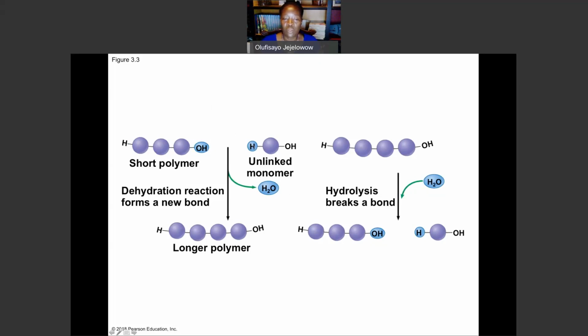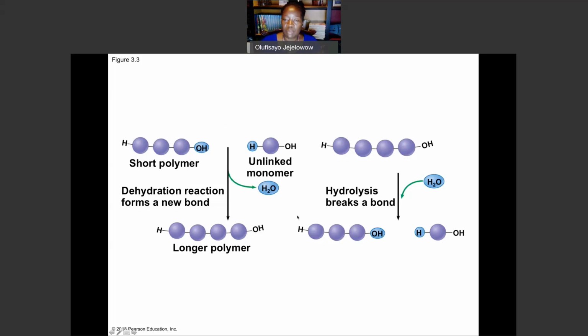The two pieces that were previously bonded to hydrogen and to OH will no longer bond to OH or H, but now they bond to one another. And so we go from 3 carbon atoms to 4 carbon atoms. This is a longer polymer. The process can repeat and repeat. You can have a very long chain of polymer forming.